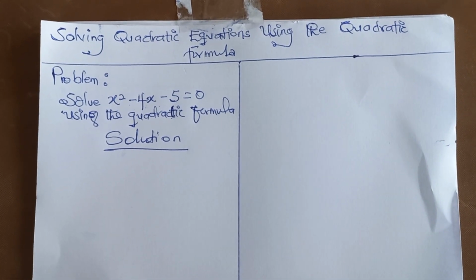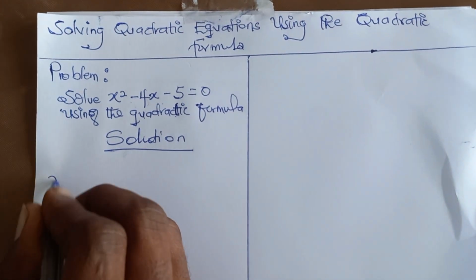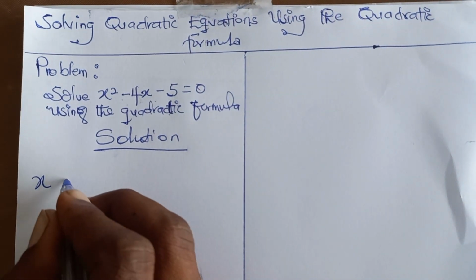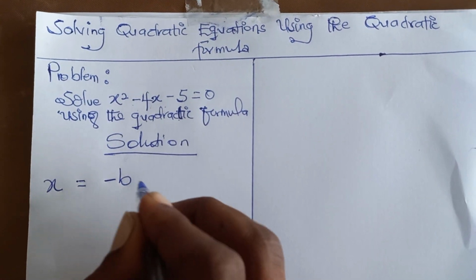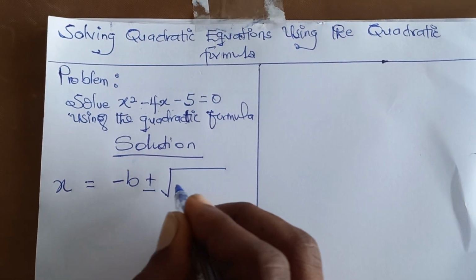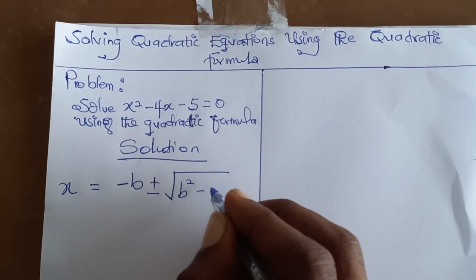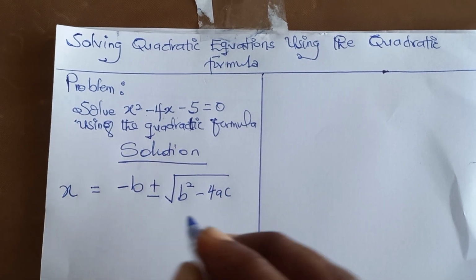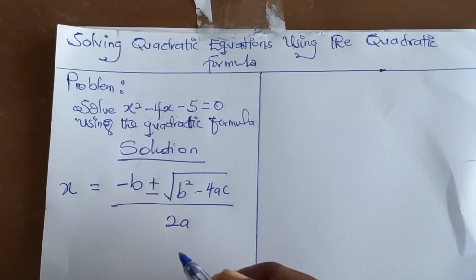So this is the formula, which is x is equal to minus b plus or minus root of b squared minus 4ac, all over 2a.